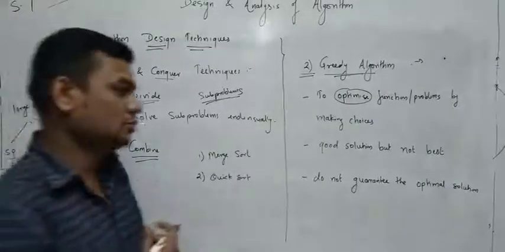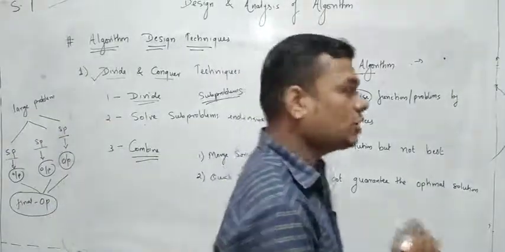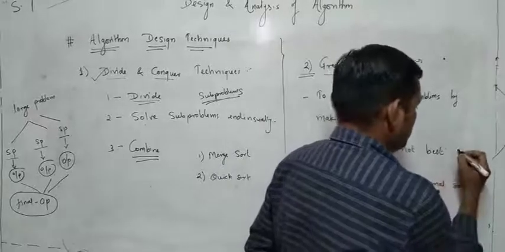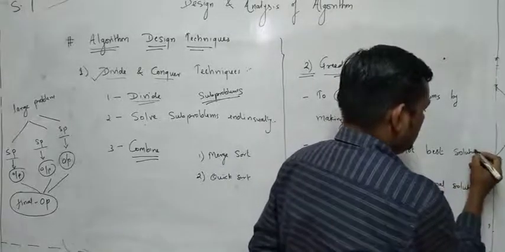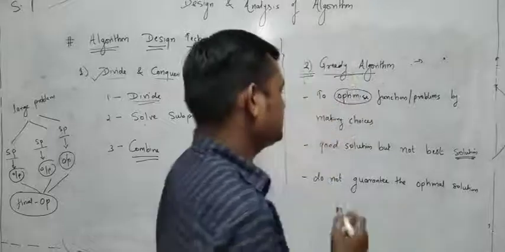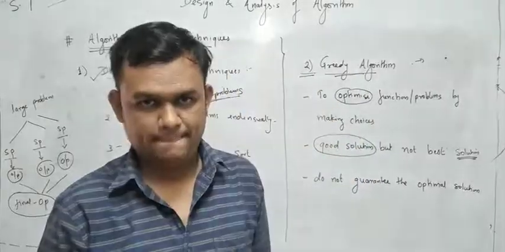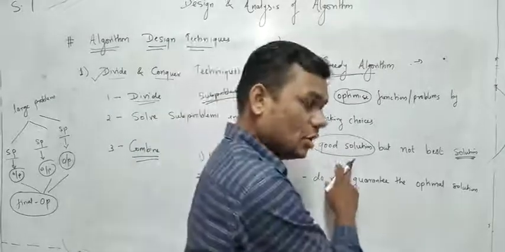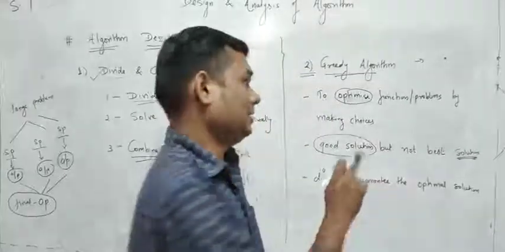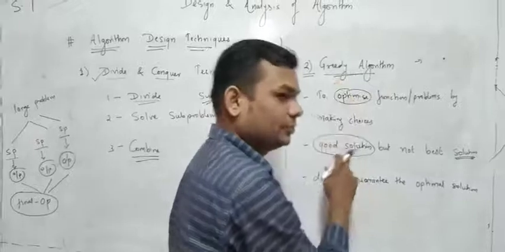But students, it does not provide us the best solution. It generally produces a good solution or the optimal solution. That is not the better solution or the best solution. That greedy approach provides only a good solution.